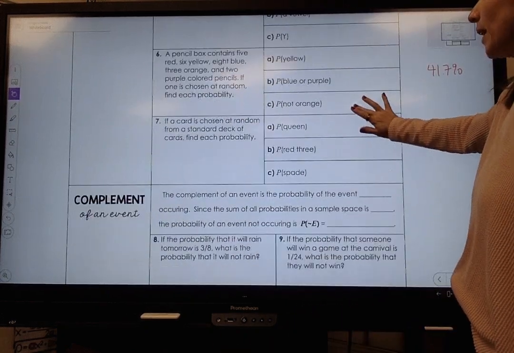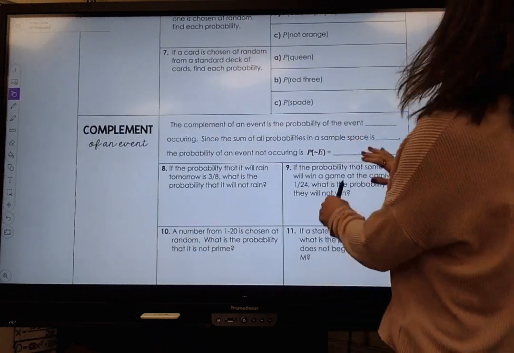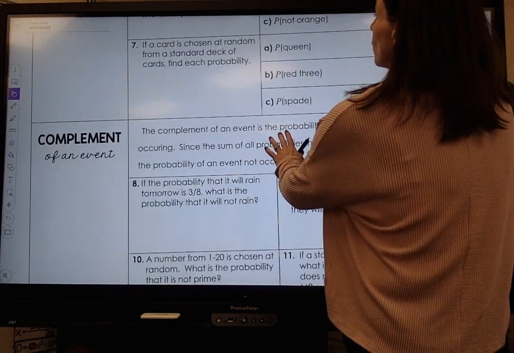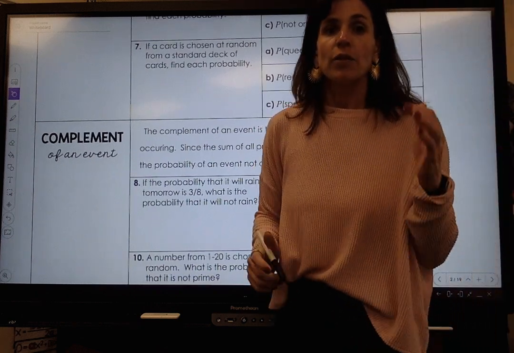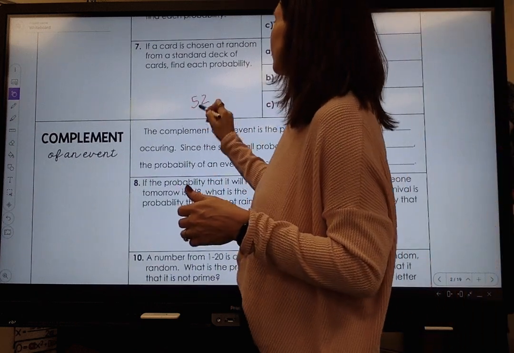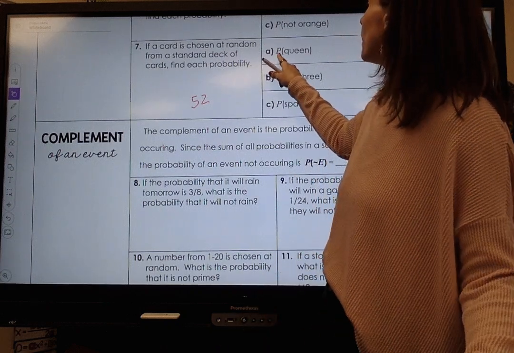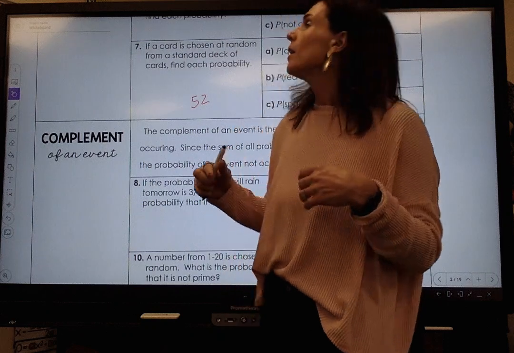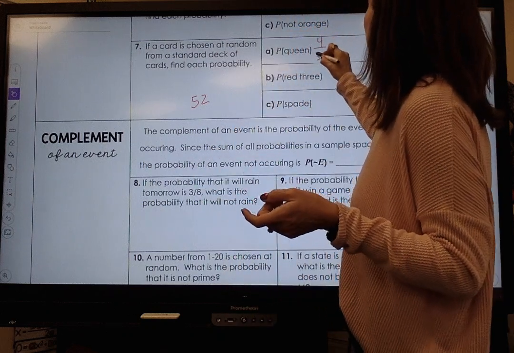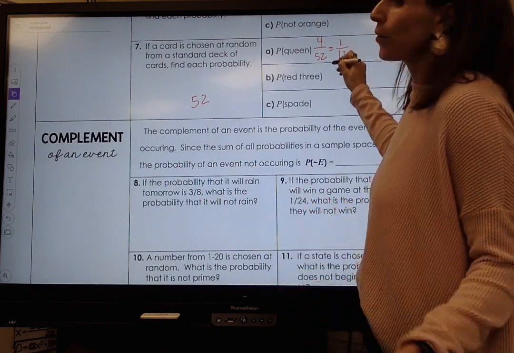Let's take a look at number 7 real quick. First you have to know how many cards are in a deck. There are 52 cards in a deck. There are 4 suits, right? So the probability of me drawing a queen, there's a queen of each suit, so it's going to be 4 out of 52, which reduces to 1 in 13.